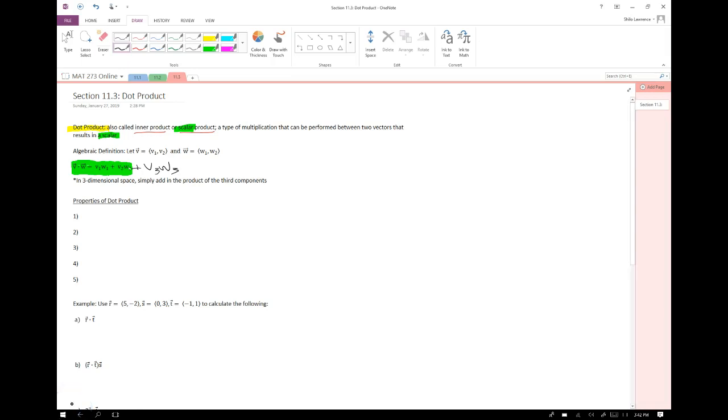There are a few important properties for dot product, and they're basically just algebraic properties that we see with normal numbers. So let u, v, and w be vectors, and let c be a scalar, so just a regular old number.